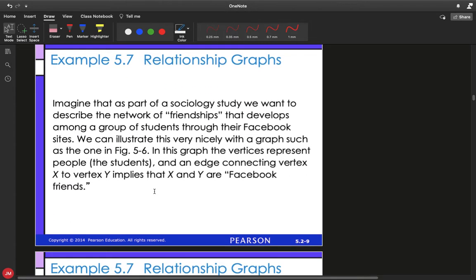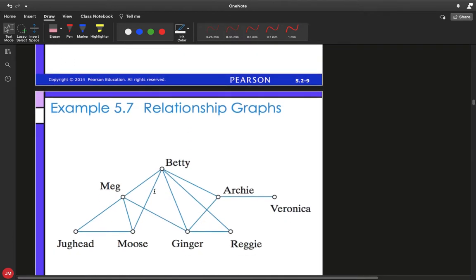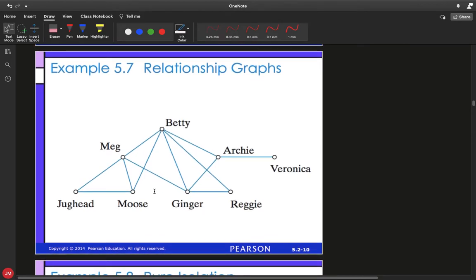So one example of where graphs can be used would be in Facebook. Obviously, this is something that Facebook does behind the scenes, but let's say that there was a group of friends. We could use a graph to indicate who is friends with who. In other words, if we were to look at, say, Betty, Betty is friends with Meg and Moose and Ginger and Reggie and Archie.